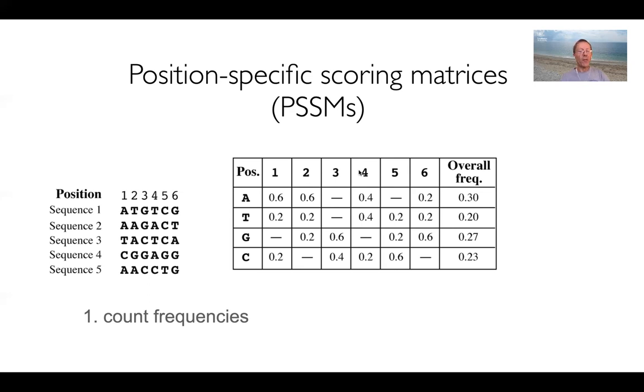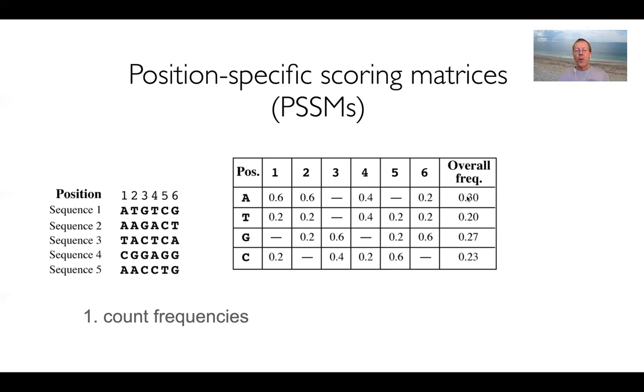Then you do the same for the other columns, so you get these frequencies of appearance in the different columns. You also count the overall frequencies of the 4 bases in the whole sample. If you do that, you find that 30% are A's, 20% are T's, 27% are G's, and 23% are C's.